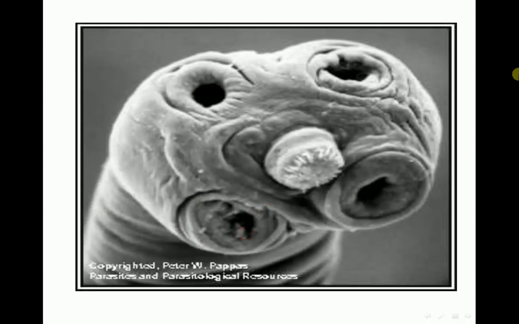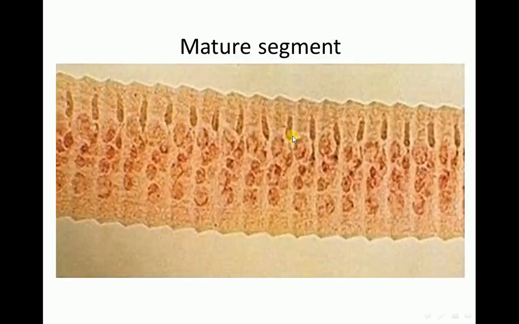Real image of this parasite under electron microscope, we can see the scolex provided with 4 spherical suckers and rostellum provided with 20 to 30 hooks. Mature segment.